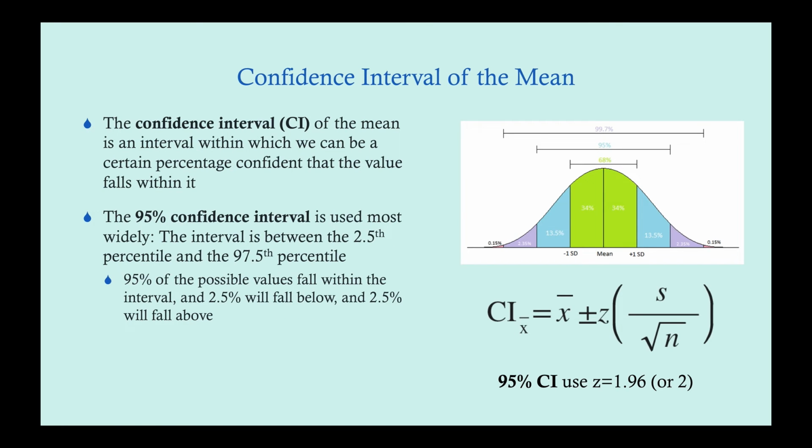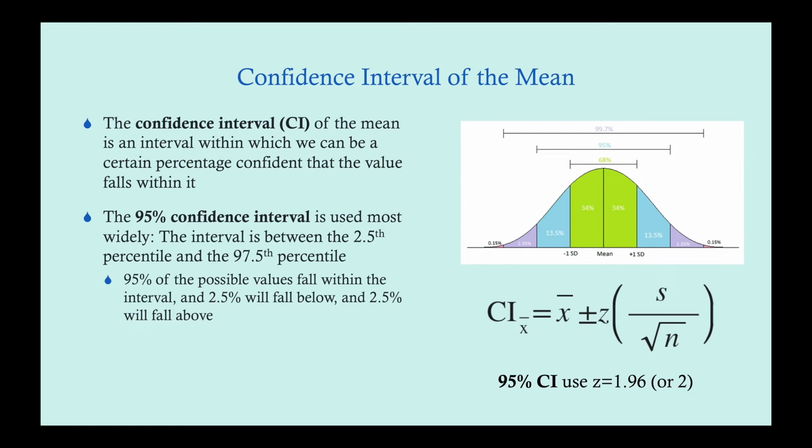Okay, this gets us to the bread and butter of our talk here, and that is the confidence interval. So the confidence interval of the mean, and that's the full name, is an interval within which we can be a certain percentage confident that the value falls within it. So there's different confidence intervals. There's like a 90% confidence interval, a 95% confidence interval, a 99% confidence interval. There's different confidence intervals that we can use.